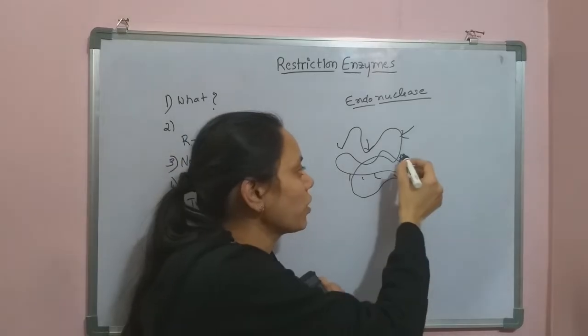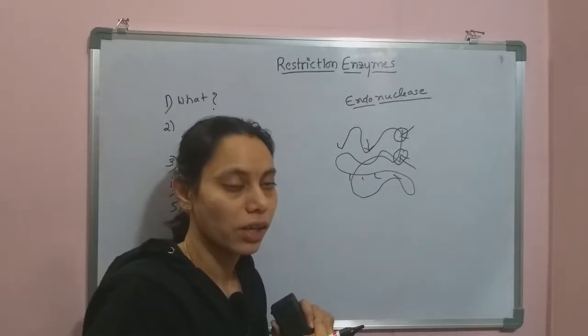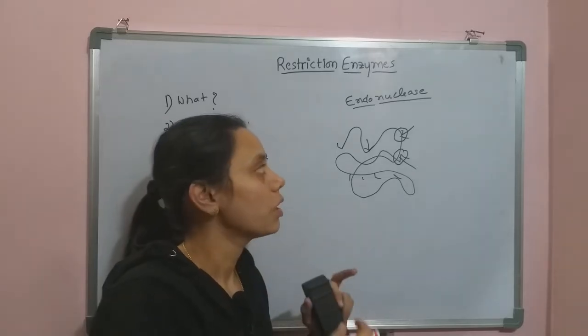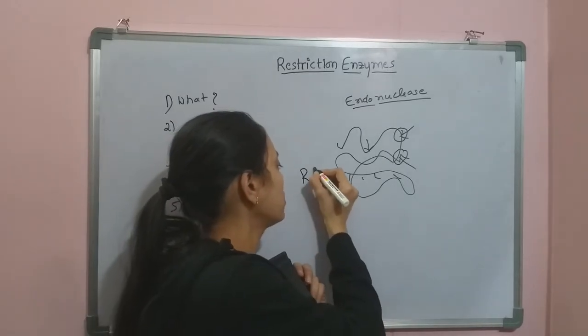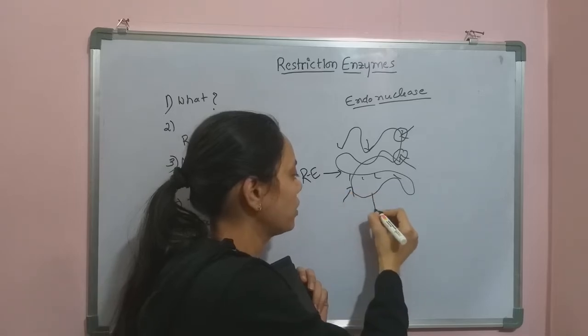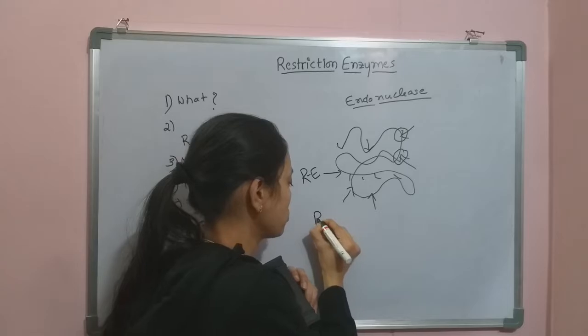These specific portions have a recognition sequence for that particular restriction enzyme, called the recognition site.